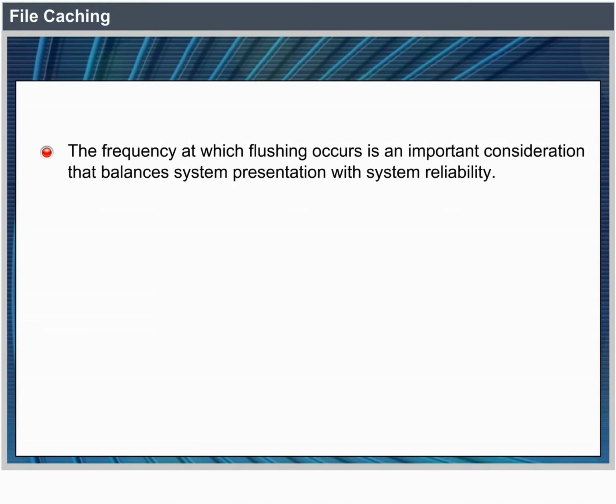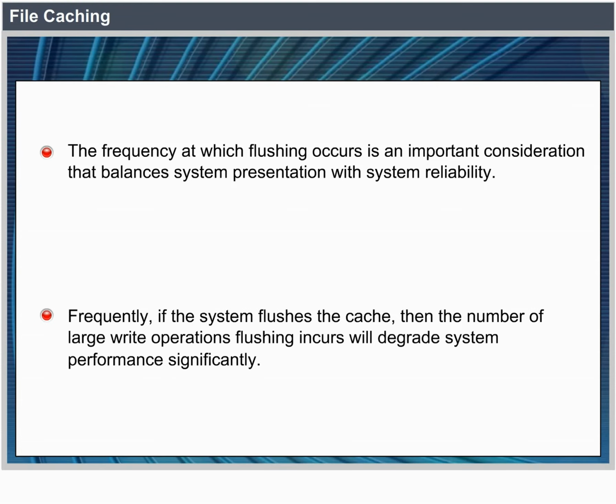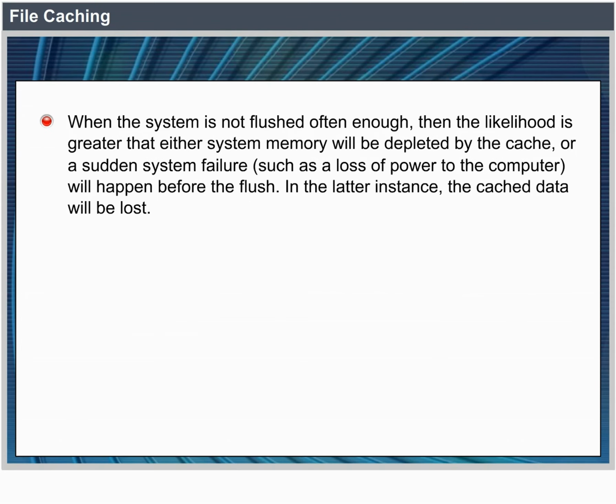If the system flushes the cache too often, the number of large write operations flushing incurs will degrade system performance significantly. If the system is not flushed often enough, then the likelihood is greater that either system memory will be depleted by the cache or a sudden system failure, such as a loss of power to the computer, will happen before the flush. In the latter instance, the cached data will be lost.